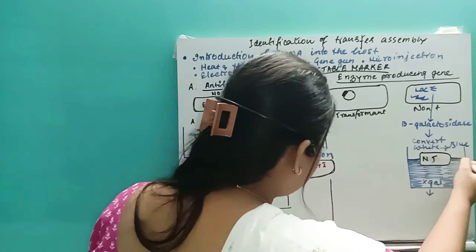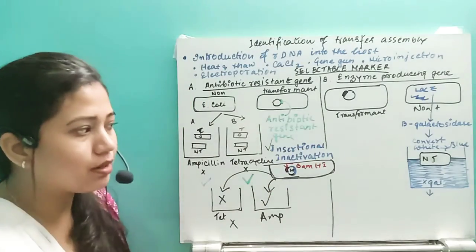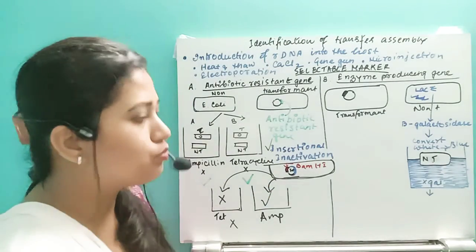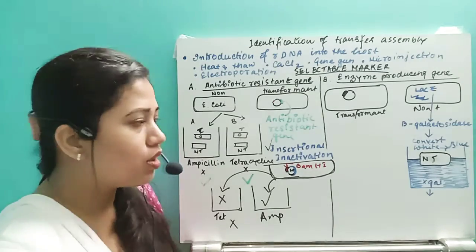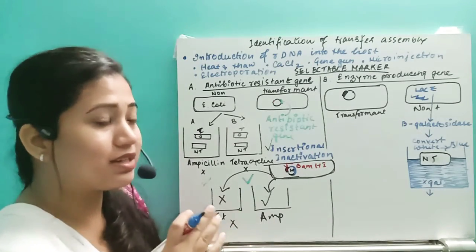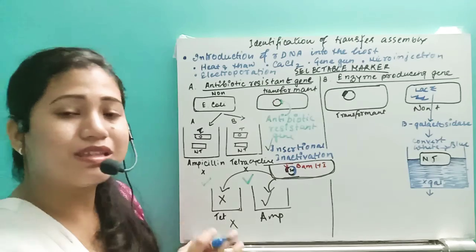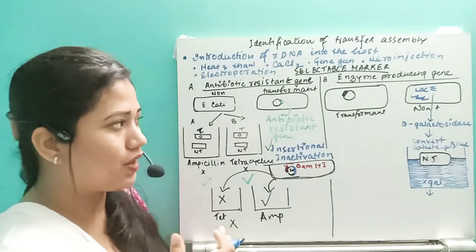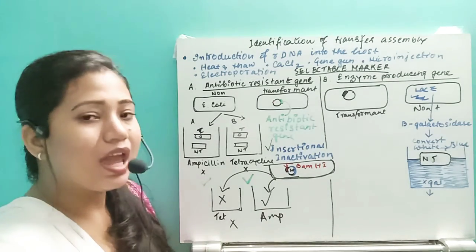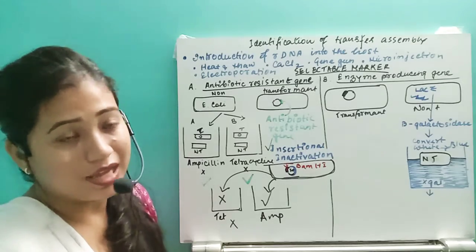If it converts completely from white color into blue color, that means the lacZ gene is present in the host body, so we have not injected any gene, our desired gene.